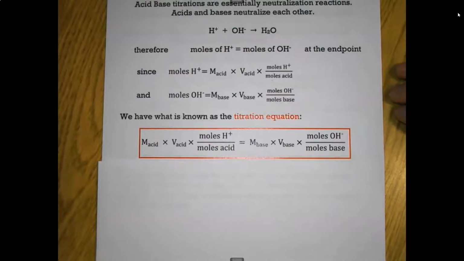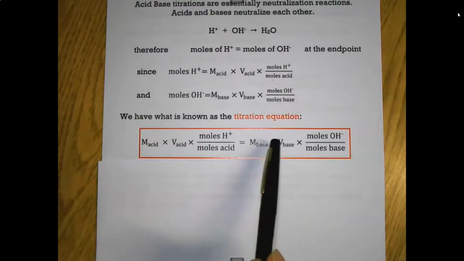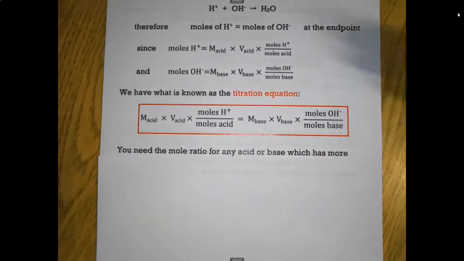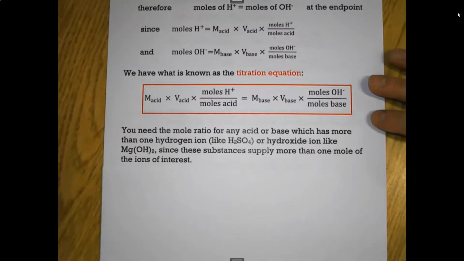So oftentimes when you do a titration, you're trying to figure out what is the molarity of the base, or what is the molarity of the acid, or volume for that matter. Okay, so you need to use the mole ratio because there's chances that you could have more than one hydrogen, like sulfuric acid, or you could have more than one hydroxide, like magnesium hydroxide.